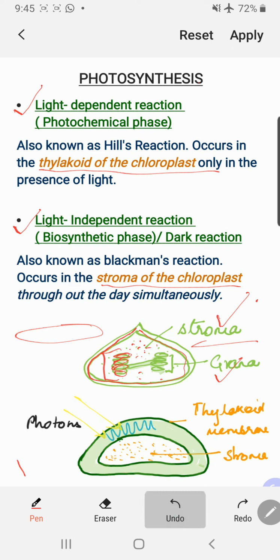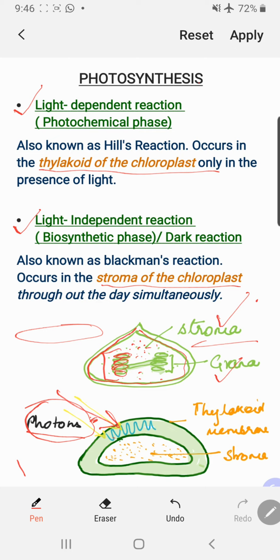Apart from this, if you can see that I have drawn two yellow lines to show that photons are falling on this thylakoid. Children, a few things you need to understand here, that when I have used the term photon, I am trying to indicate a dual nature of light, which is wave as well as particle, right?